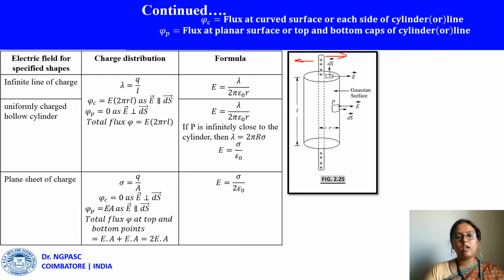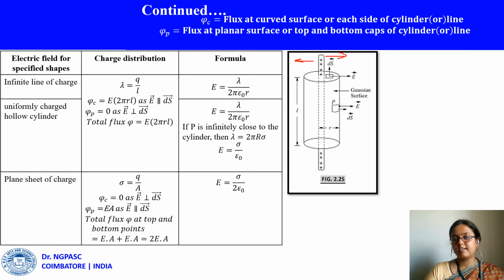And there are two flux regions which can occur. The Gaussian surface will be considered as a cylinder. So the two flux regions will be one at the curved surface, that is the sides of the cylinder, and the other at the planar surface, that is at the top region and at the bottom region.